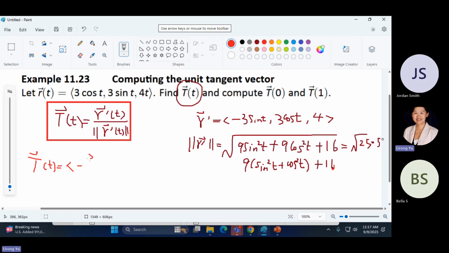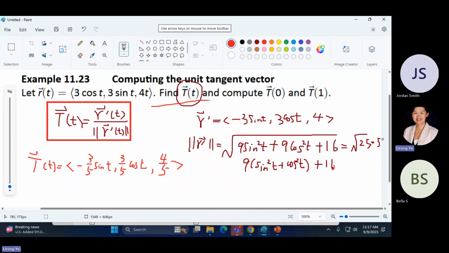So it's negative 3/5 sine t, and 3/5 cosine t, and lastly 4/5, since every component is divided by 5. That's the first part, finding the tangent vector.